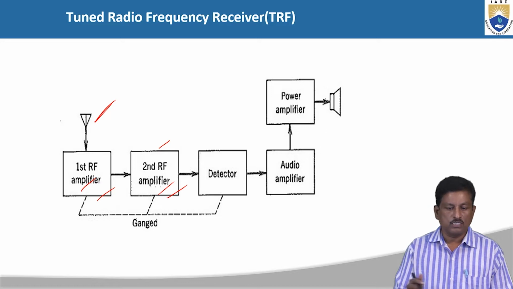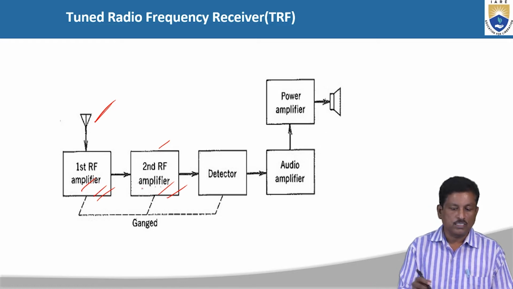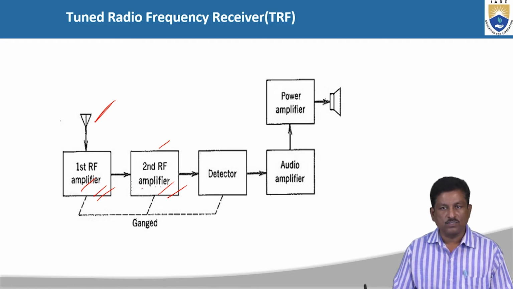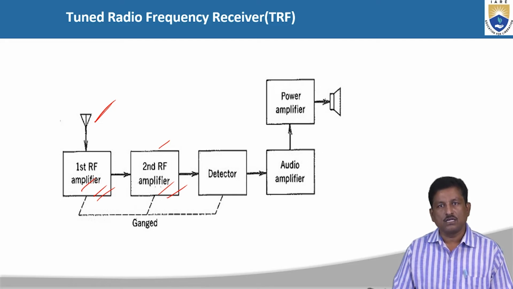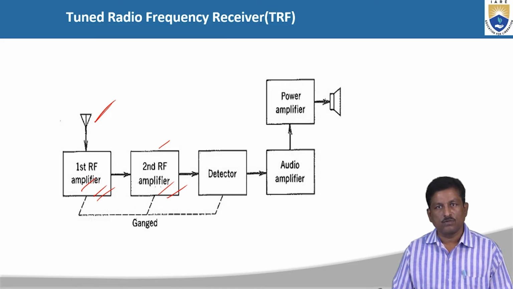It is an RF amplifier because the received signal is in the RF range only. While modulating and transmitting the signal, it should be transmitted in the RF range, so that the signal can travel. If it is in the audio frequency range, it becomes a very weak signal, does not travel a long distance, and decays; the signal dies.